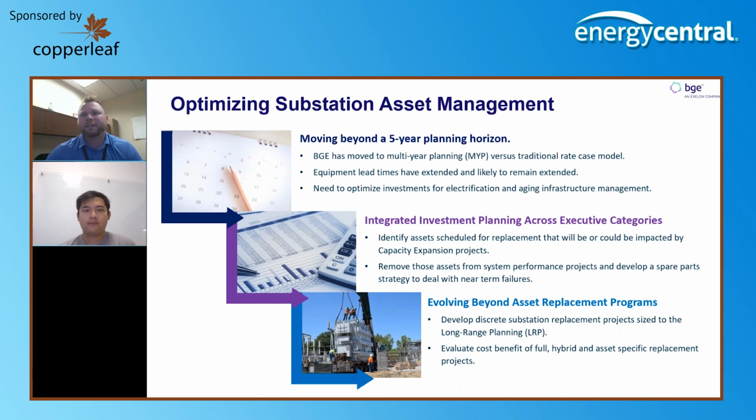And we're starting to see things where I'll take a transformer as a good example. If you're replacing a transformer, you might also find out that all the control cable at that substation's bad, as well as the circuit switchers, the breakers and the disconnect switches. So your transformer replacement might increase in scope to the point where you've done a project that's quite a bit larger than what you intended in an individual asset replacement program.